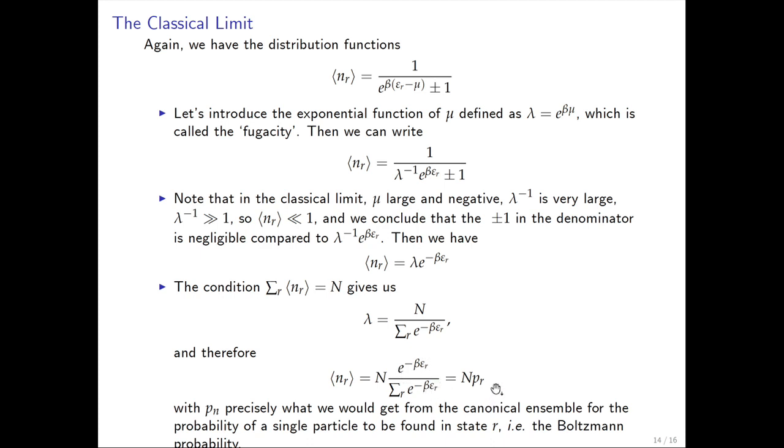It's precisely the Boltzmann probability, the probability I'd get for the occupation of that state if I was using a canonical ensemble. And so if that's the probability and I have large N particles, then I'll find that many particles on average in that state, if that's the probability to be in that state. See?